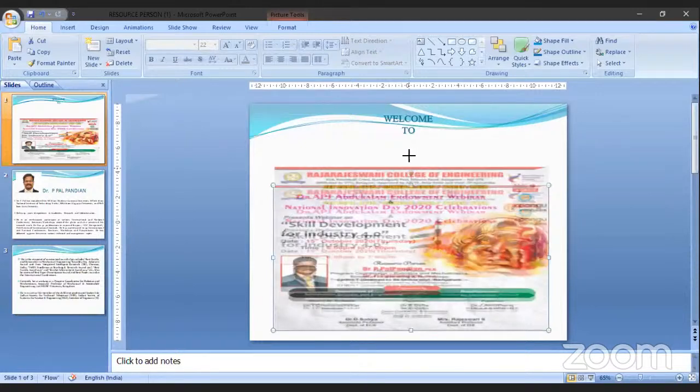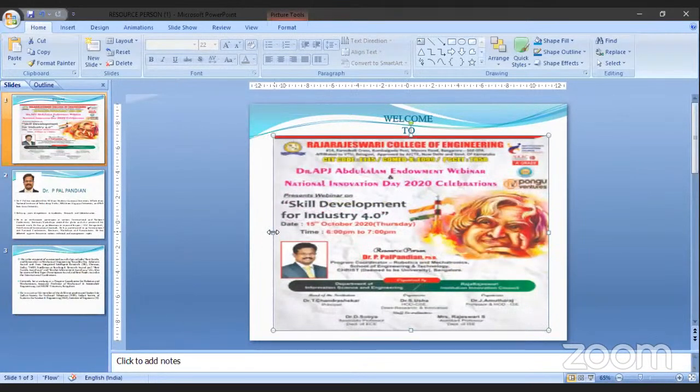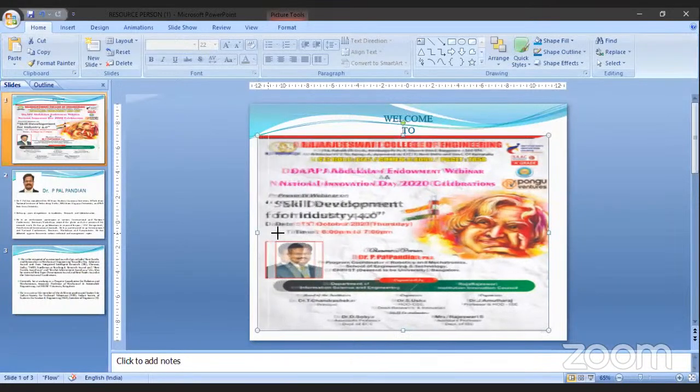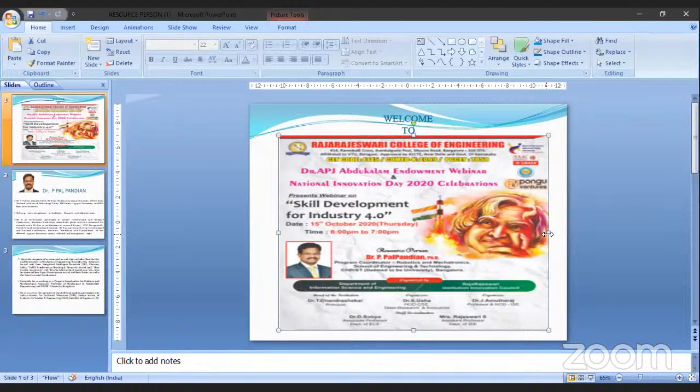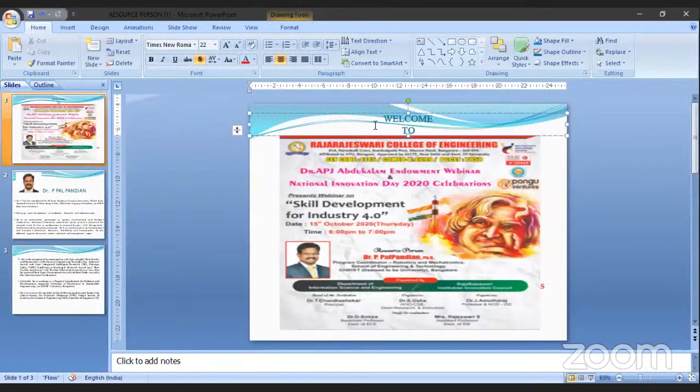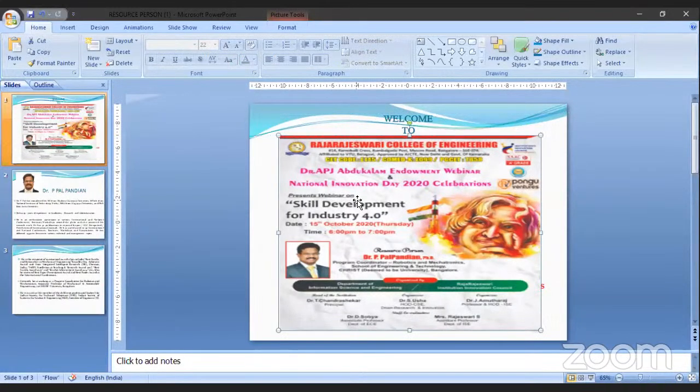Now you can extend that y-axis. Beautiful. And even, no, don't do that, it will be stretched. It is not proportionate. Even you can reduce the x-axis. Okay. Now it's fine, sir.